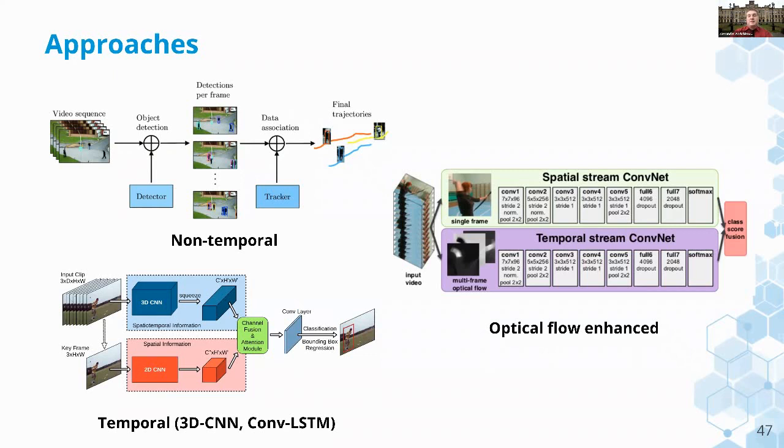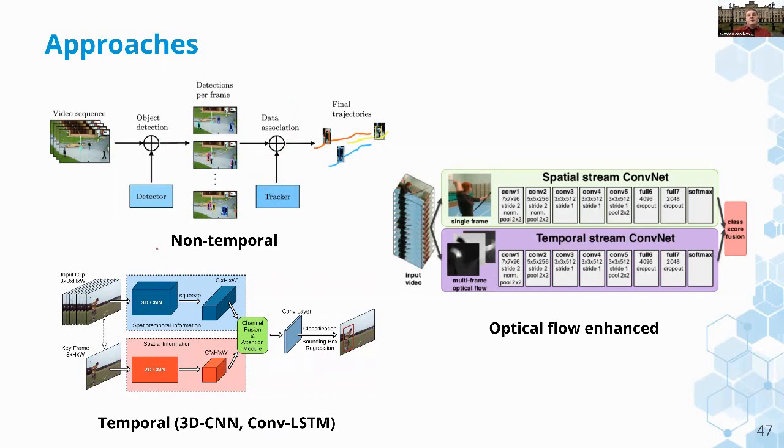So these approaches are generally lightweight and they can achieve good results in video object detection, but they heavily rely on the performance of the underlying object detector. And if the object detector is failing, then the whole system is failing.